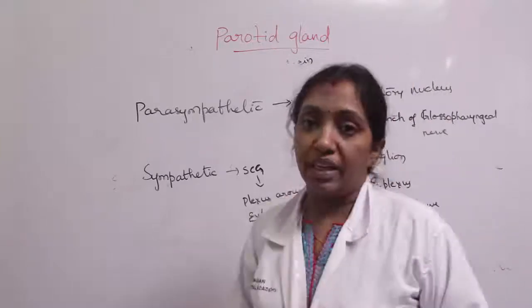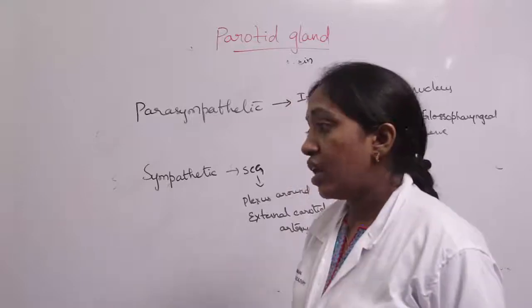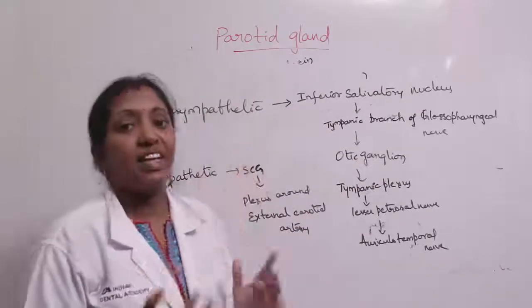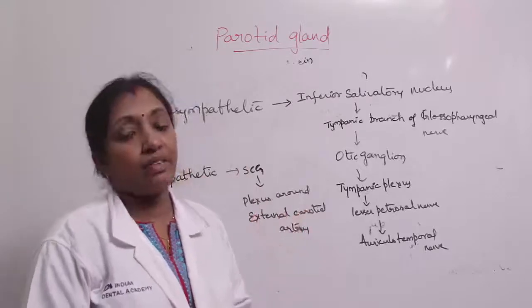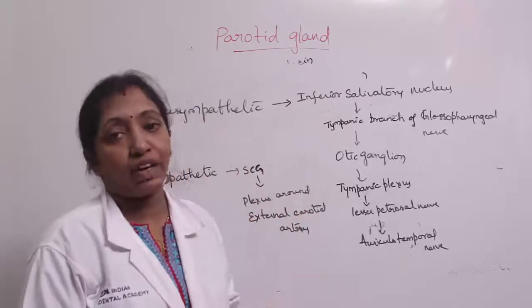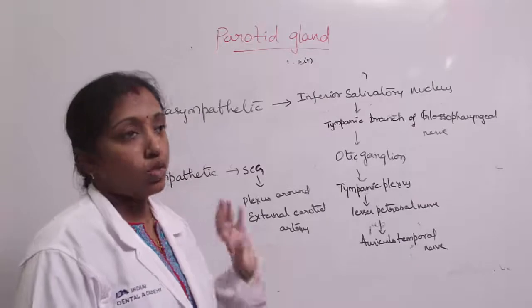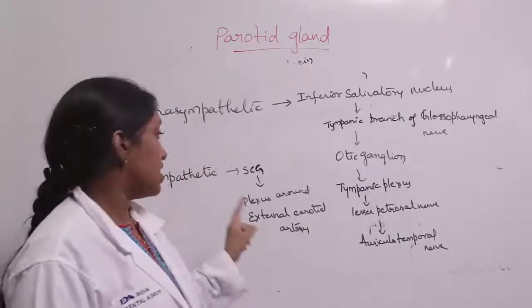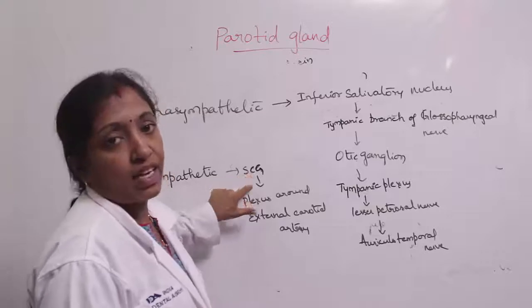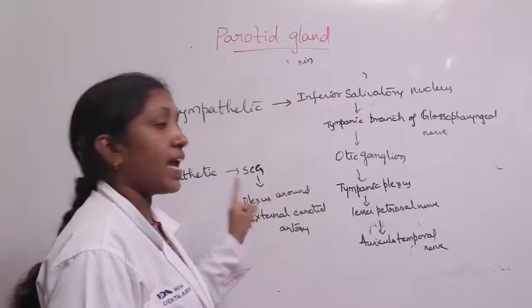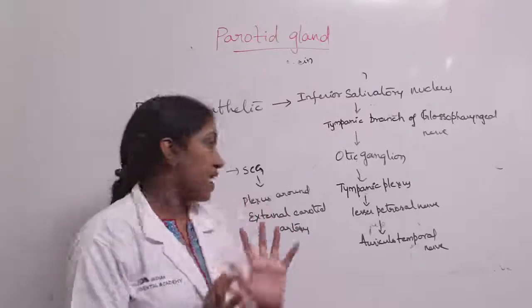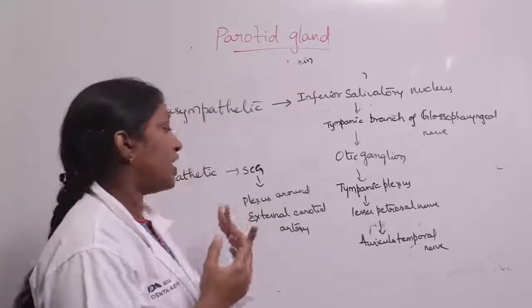Coming to the sympathetic innervation, we know that the preganglionic sympathetic fibers relay in the superior cervical ganglion, middle cervical ganglion or inferior cervical ganglion. Here they relay in the superior cervical ganglion, and the postganglionic sympathetic fibers form plexuses around the nearby arteries.